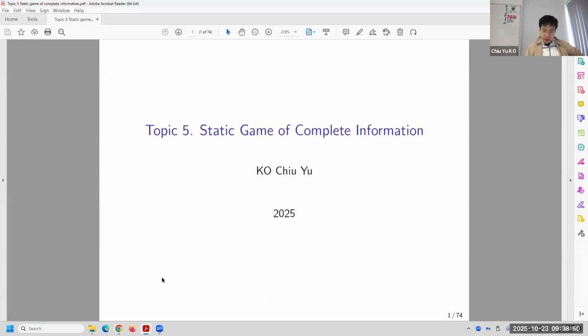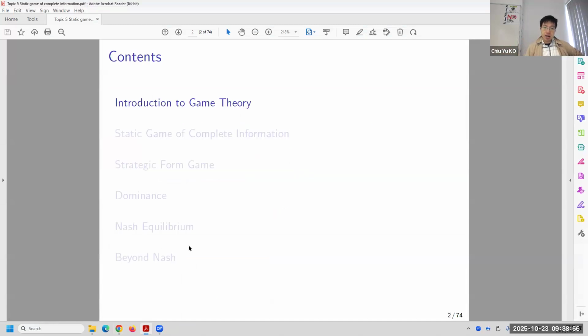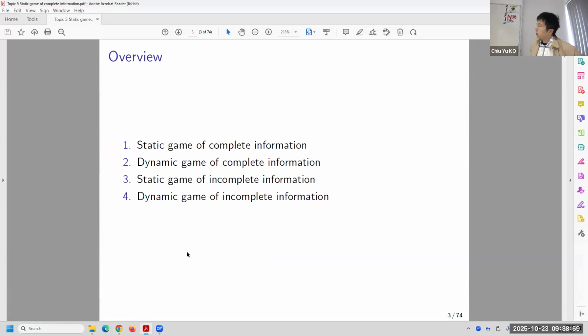So let's get started. Very quickly, we review the basics of game theory. Basically we have 4 main types. Of course, if you go further, you notice that game theory is way more complex than we do, but this is the standard topic covered in most introductory micro classes.